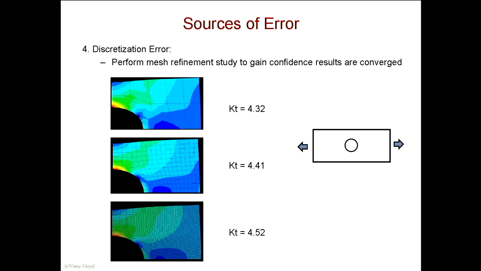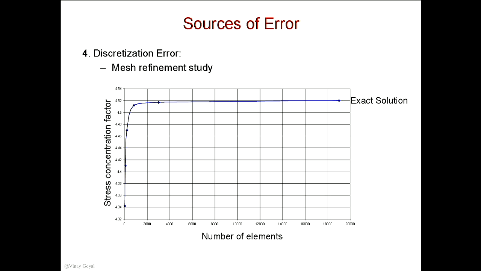In some cases, for example in this case, a hole with a far field load applied, we're in good shape because this stress concentration did not change very much as I increased the mesh density. So sometimes doing these studies is very useful because it may tell you what level of refinement you actually need. The reason is that there may not be a good payoff.